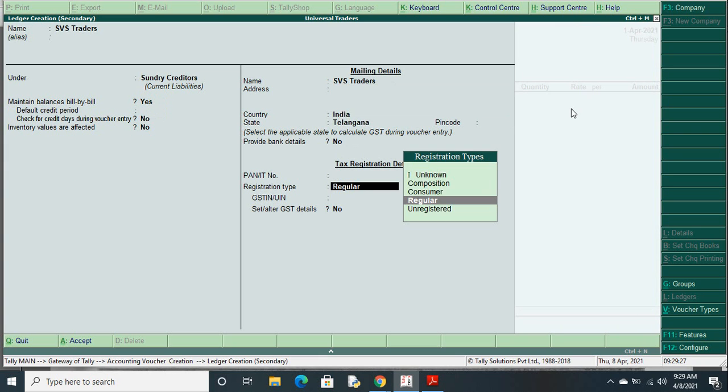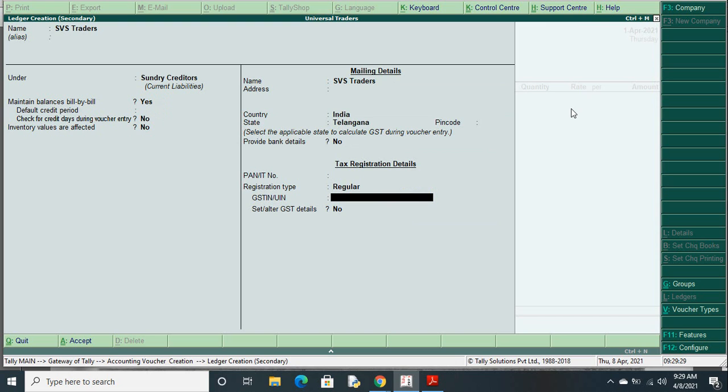Telangana, regular, GST number 36 AAP FG1 655 C1 ZH. Enter.